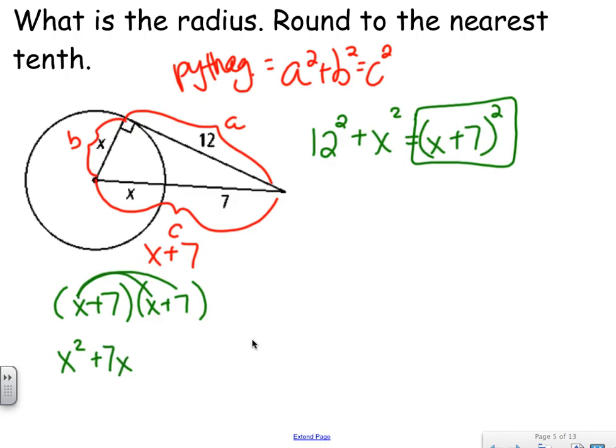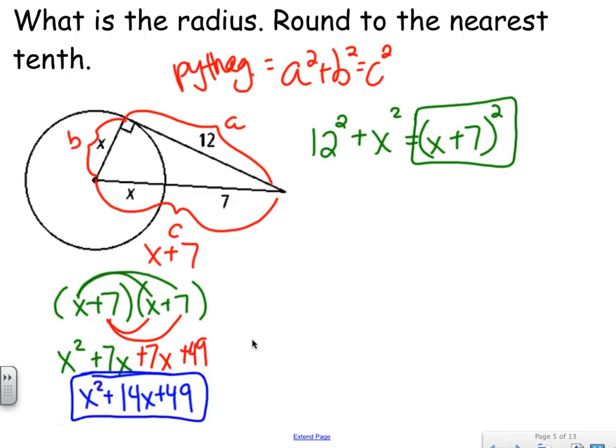I've distributed that x to all my right terms. And now I'm going to do 7 times x to get 7x, 7 times 7 to get 49. Last step is to combine like terms. I've got two 7x's, so that would give me 14x plus 49, bring down x squared.